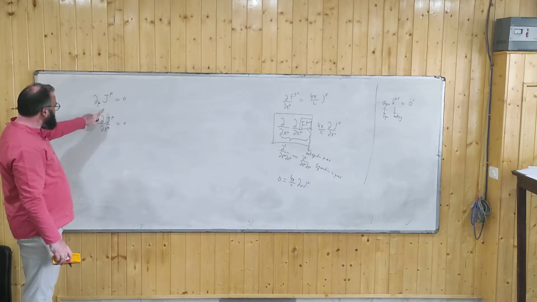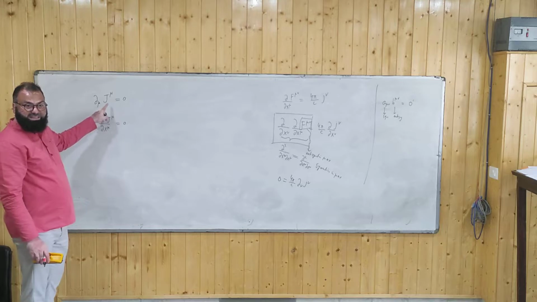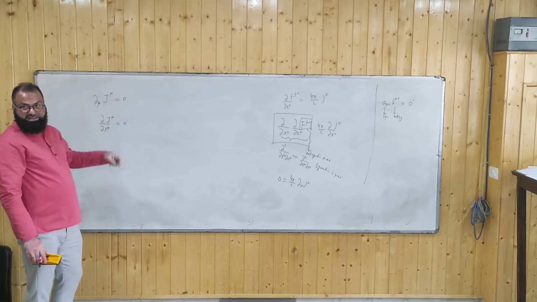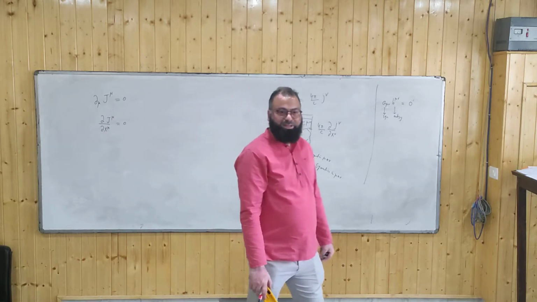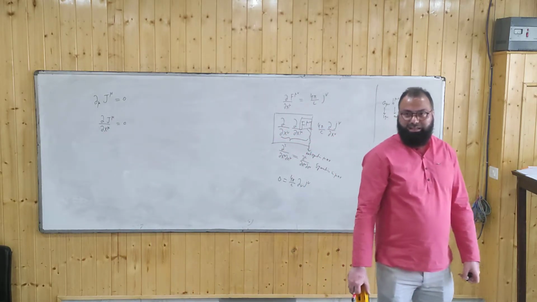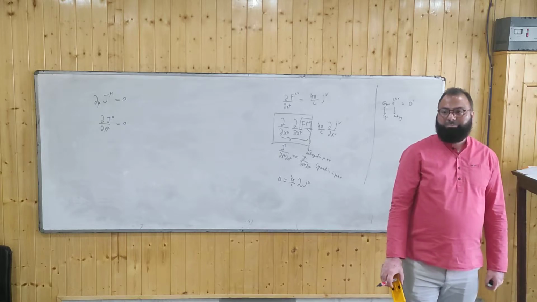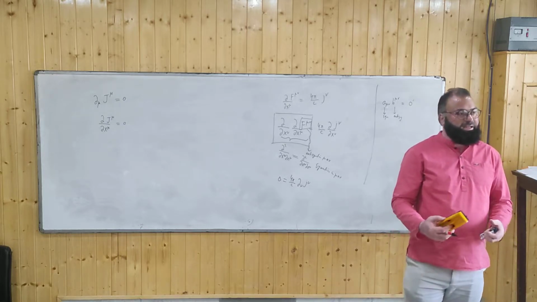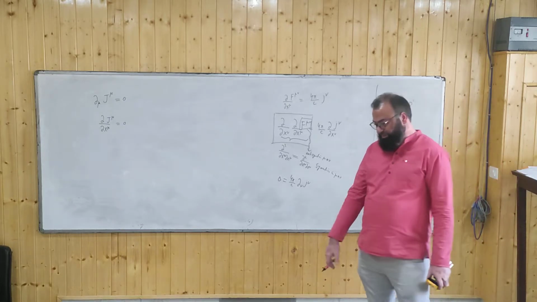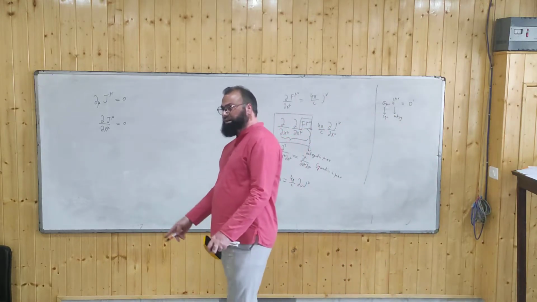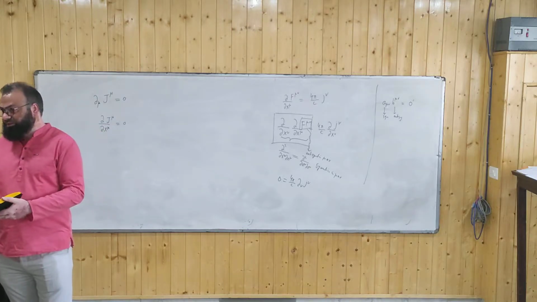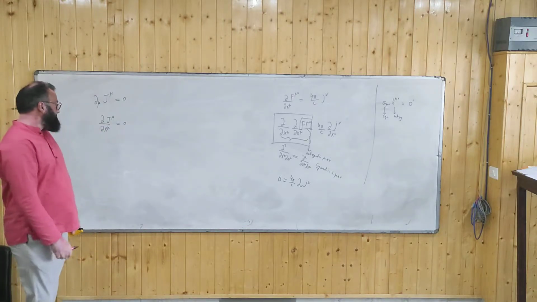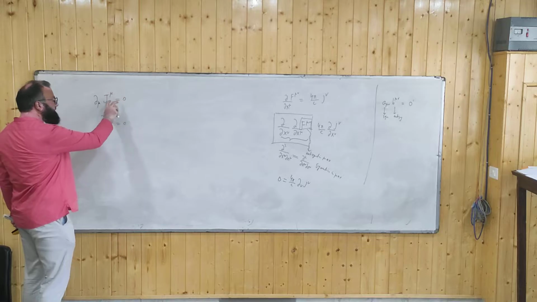If you have d by dt of f equal to 0, then you can think f is a constant. Or if f represents a dynamical variable and its time derivative is equal to 0, you can think that dynamical variable is conserved. So this means there exists a conserved quantity.